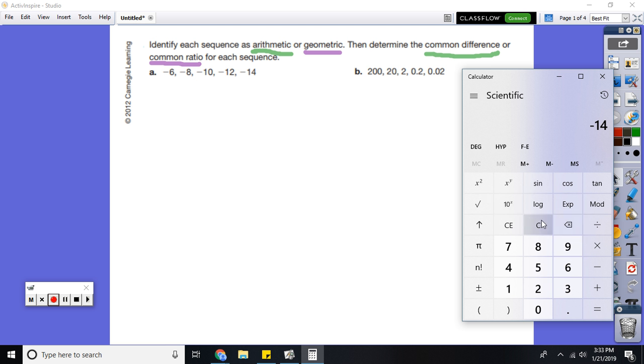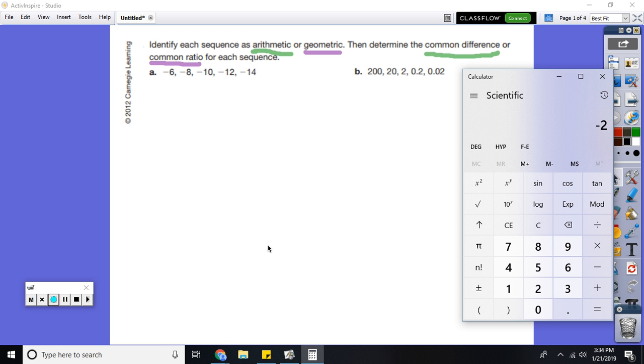Hold on. Clear that out. Alright, sorry about that. I'm not used to using the calculator on the computer like this. So we want the second term, negative 8, and subtract the first term, so minus negative 6. And the result of that should be the common difference.